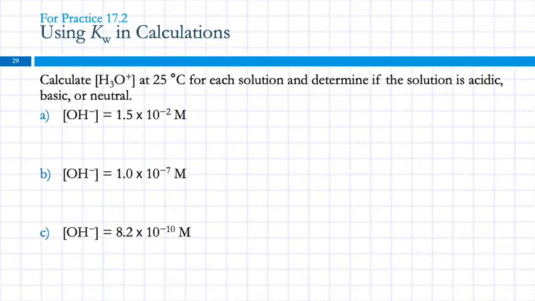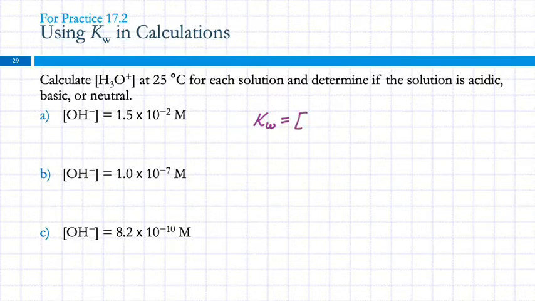Calculate the hydronium ion concentration at 25 degrees C for each solution and determine if the solution is acidic, basic, or neutral. Well, what's the equation that we need? We need the equilibrium constant for that equation, Kw.